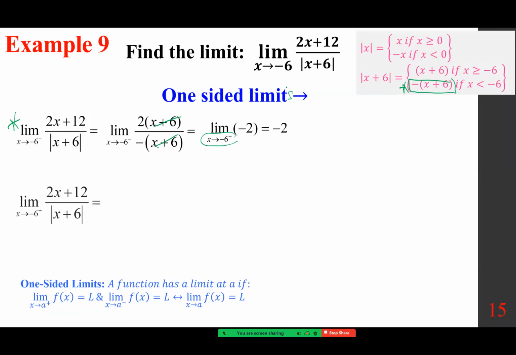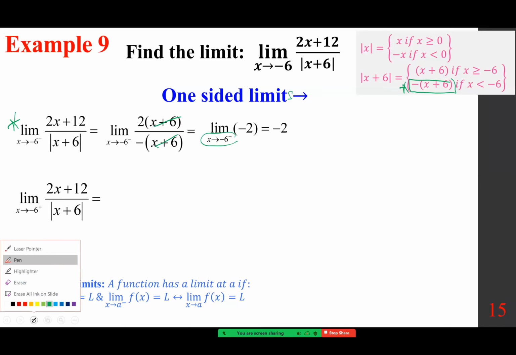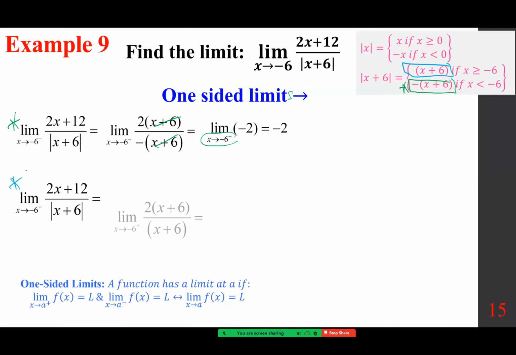Let's do the same thing from the right. From the right, we use this one, okay? And we just drop the absolute value at the bottom and we take the 2 out. These two cancel each other.